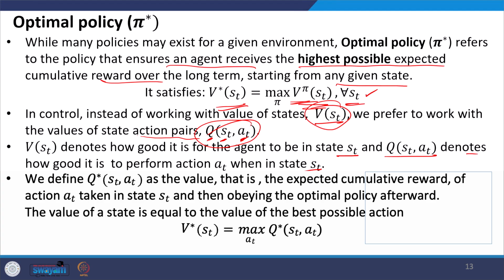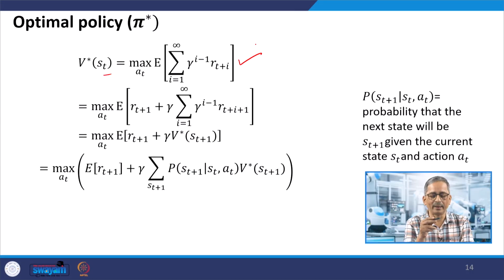I define my optimal policy as the maximum of Q star (s_t, a_t). From the previous slide, we can write this expression like this, and then rewrite it by separating the r_{t+1} term and taking gamma out.